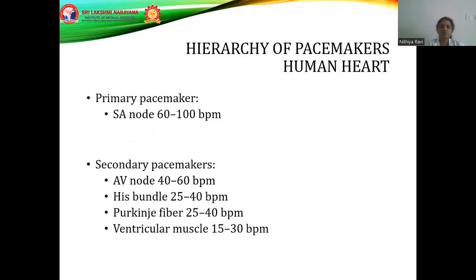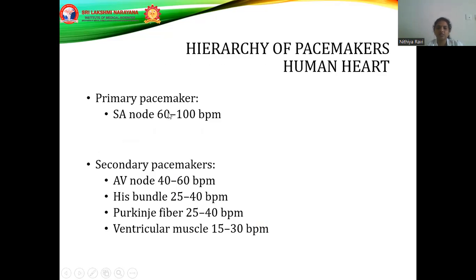The primary pacemaker of the human heart is the SA node, which produces impulses at a rate of 60 to 100 beats per minute. Then the secondary pacemakers are the AV node, bundle of His, Purkinje fibers, and the ventricular muscles in the given order. You can see that gradually the number of impulses produced by each of these tissues is lessened.